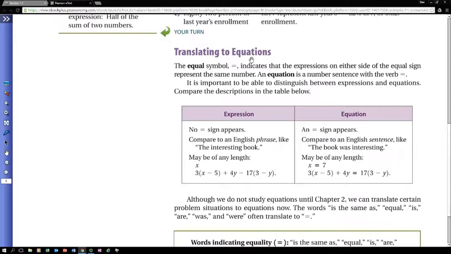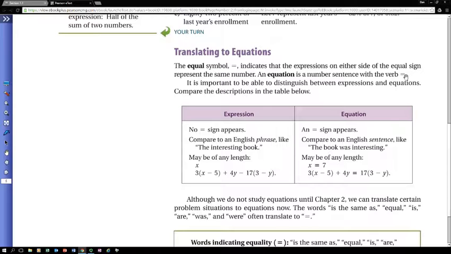Translating to equations. Now, this equation deal compared to an expression is we have an equal symbol, which implies a lot of stuff, and there's a lot of different rules that we can deal with now that we get into equations. An equation is a number sentence with the verb equal to, okay?